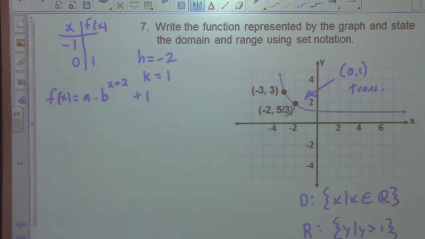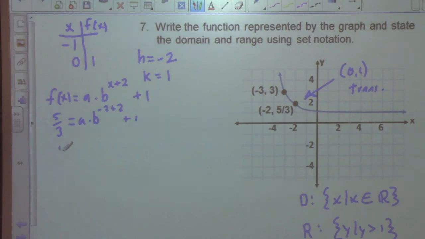And so now we can take this point in here, can't we? So we're going to put 5/3 equals a times b to the power of negative 2 plus 2, and then plus 1. And so what's negative 2 plus 2? Equals 0, right? So b to the 0 is going to be 1 now.